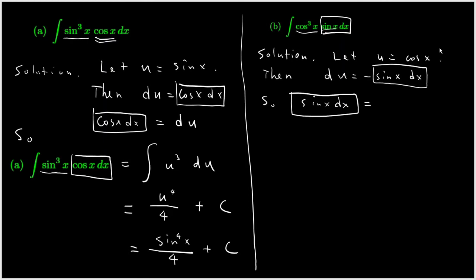If you can choose u properly, the whole thing in the box can always be written as a number times du, a number times the differential of u. It's negative du, right? You look at the mouse cursor. From here to here, all we need is to multiply two sides of the equation by -1.